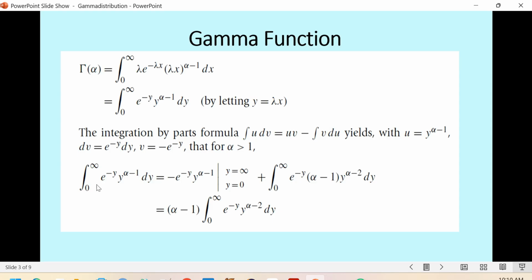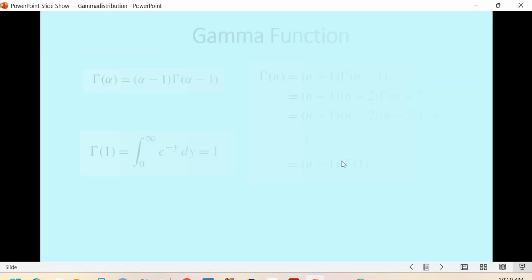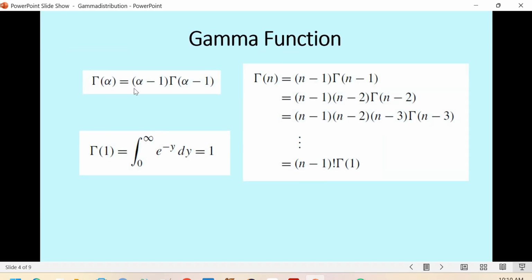If we calculate gamma alpha, the result will be alpha minus 1 times this expression. But if we look at this expression, it is actually gamma alpha minus 1. So it's very interesting: gamma alpha equals alpha minus 1 times gamma alpha minus 1.